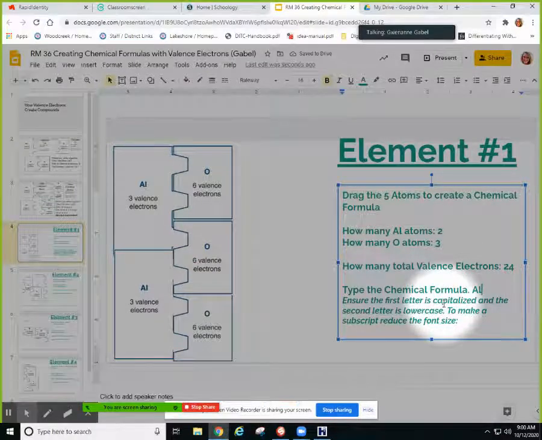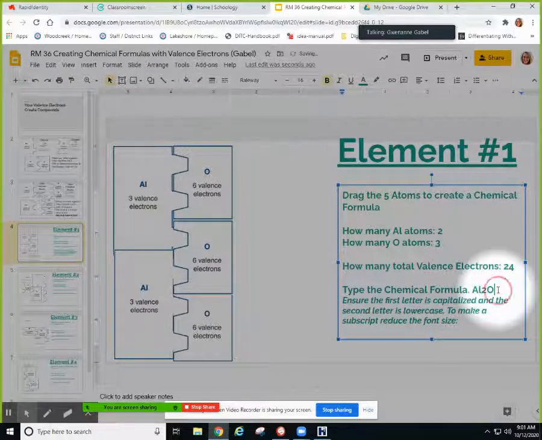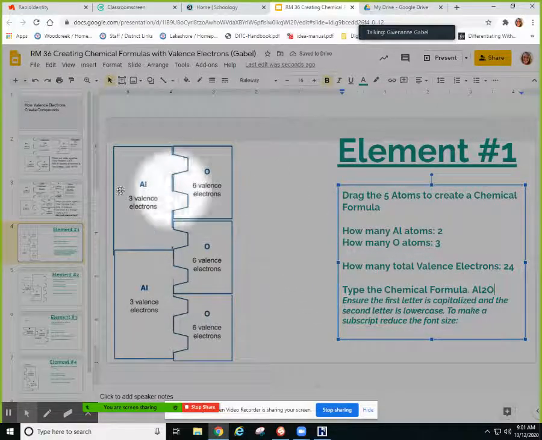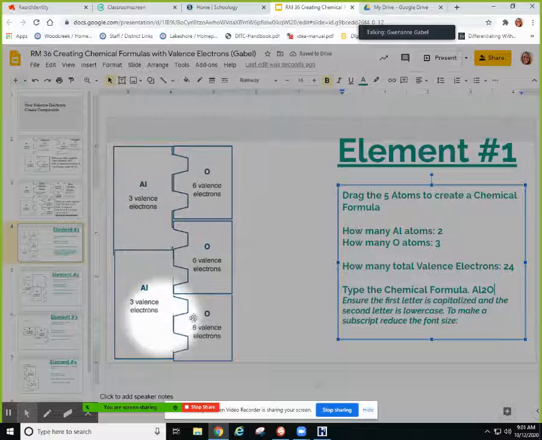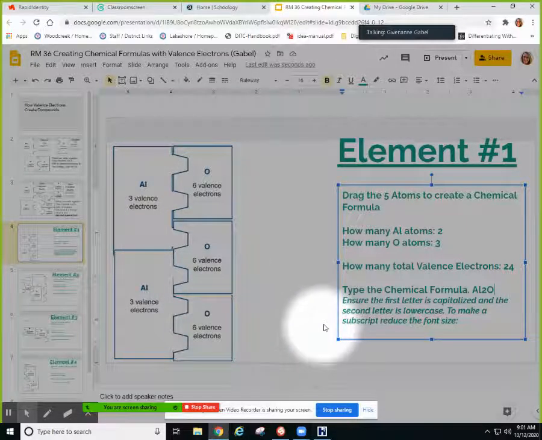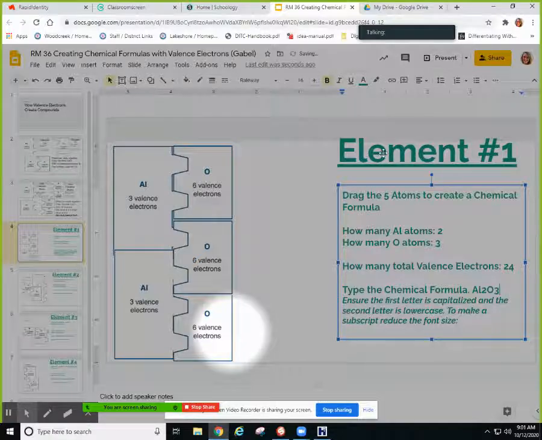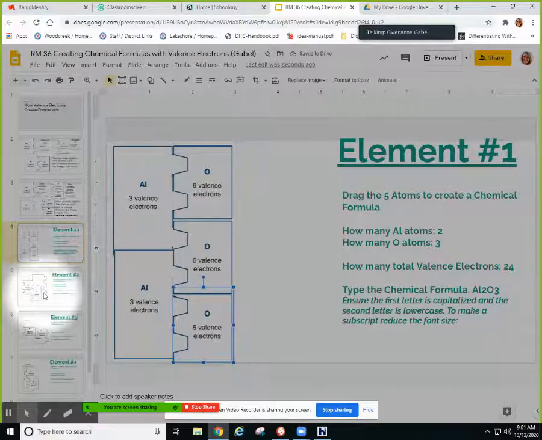A subscript tells us how many atoms of that element we have. And we're going to talk about subscripts a lot until Wednesday. 2 atoms of aluminum, 1, 2, and then 1, 2, 3 of oxygen. Okay? So that's how we do 1.